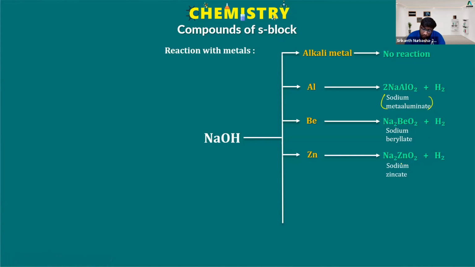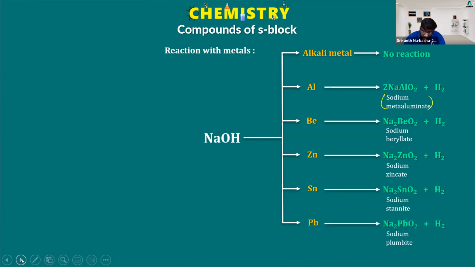With zinc, sodium zincate Na2ZnO2 is formed. With tin, Na2SnO2, sodium stannite is formed. And with lead, it forms Na2PbO2, sodium plumbite, and H2 gas is evolved. If you remember, this is also a method of preparation of H2 gas, which we discussed in hydrogen.